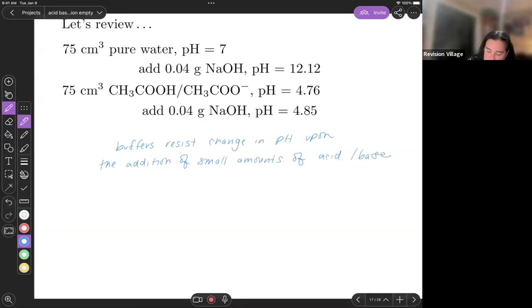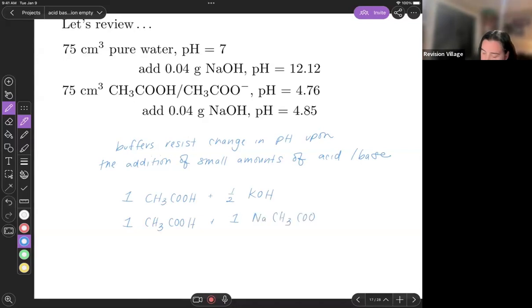And we can make buffers in two ways. We can make a buffer by taking 1 part acid and 1/2 part strong base, or we can make the buffer by taking 1 part acid and 1 part conjugate base salt.